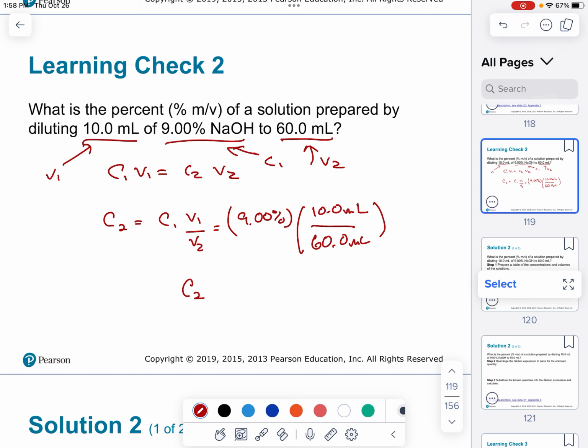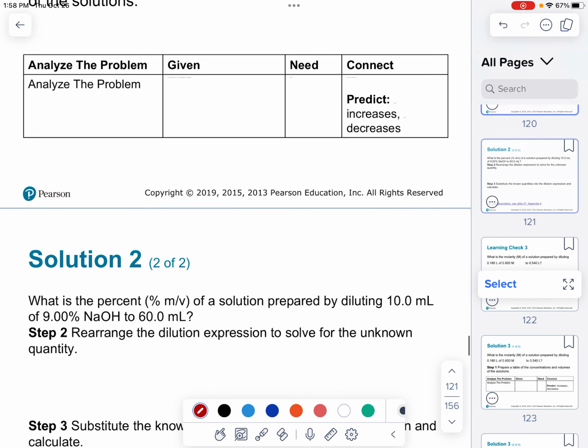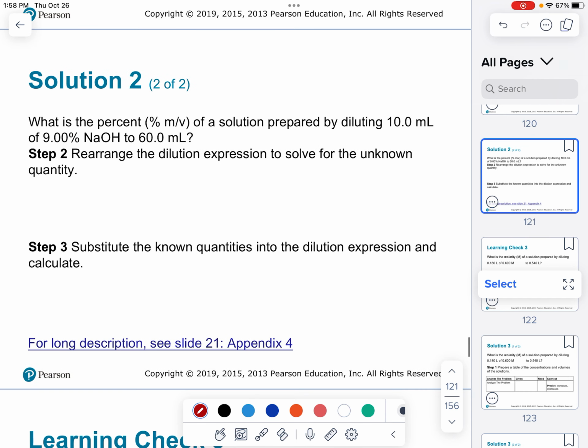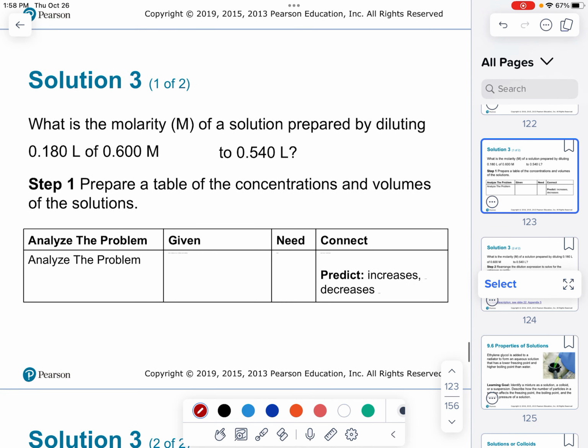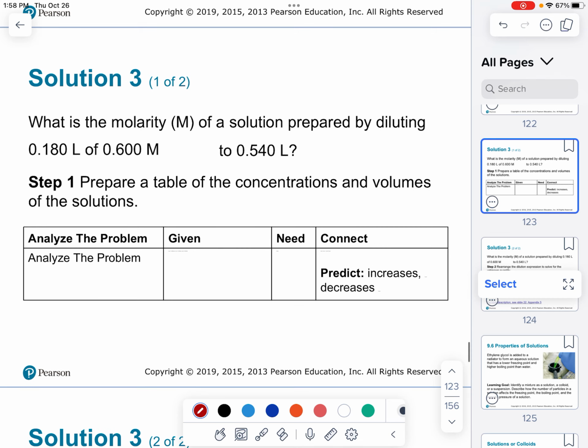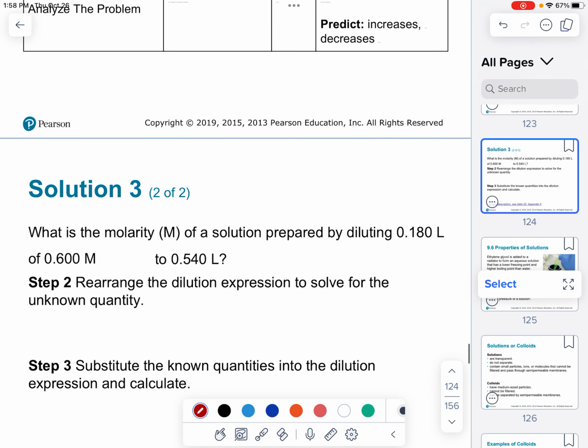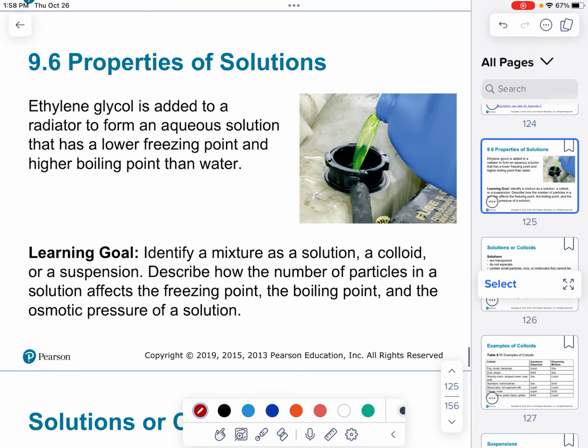So C2 is 1.50% mass over volume. So there's more examples that you can work.